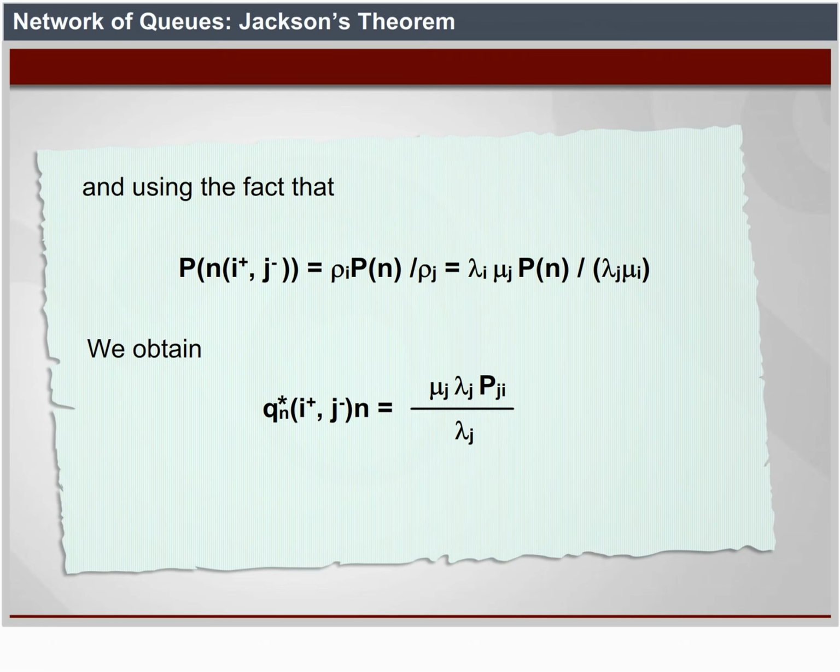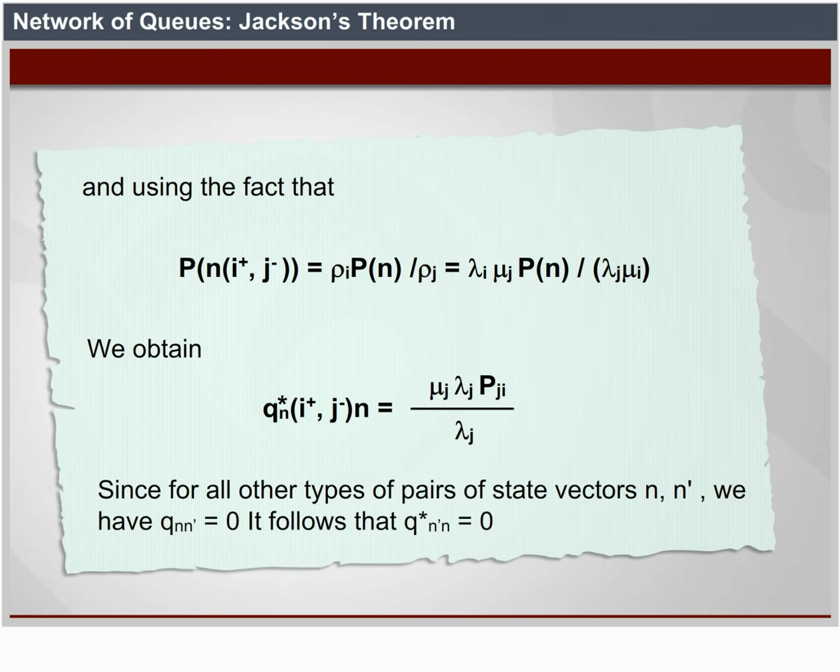Since for all other types of pairs of state vectors n dash we have q n dash n equal to 0, it follows that q star n dash n is equal to 0.